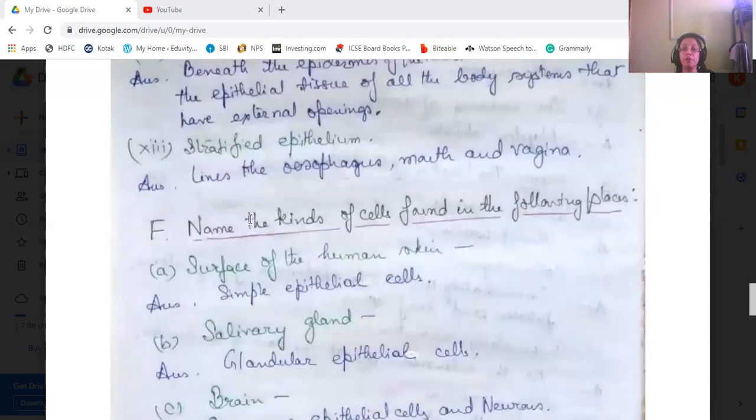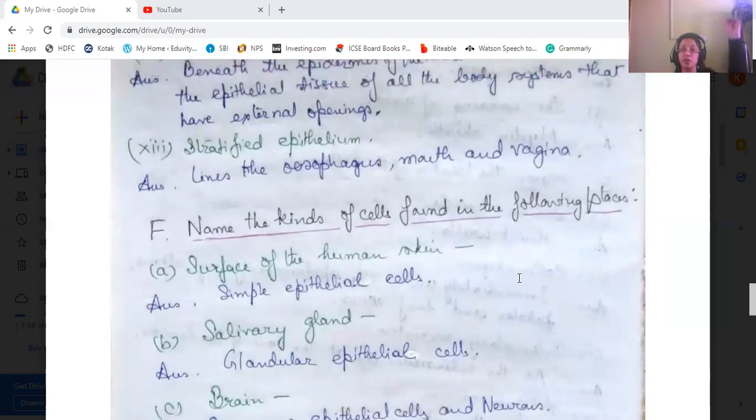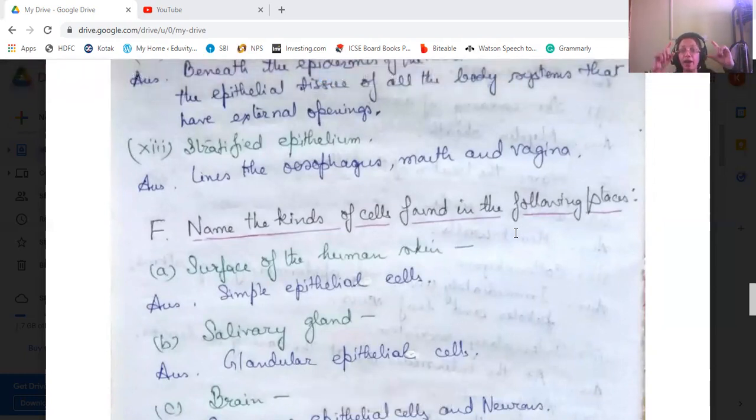Okay, stratified epithelium. The name of the kinds of cells found in the following places. So see, these things you have to memorize, you have to understand where these cells are found. Okay. You can also try to make a diagram, make a human body or a plant diagram and mark these places or the organs, and then you can write just below the organ or just below the plant parts the cells which are found.